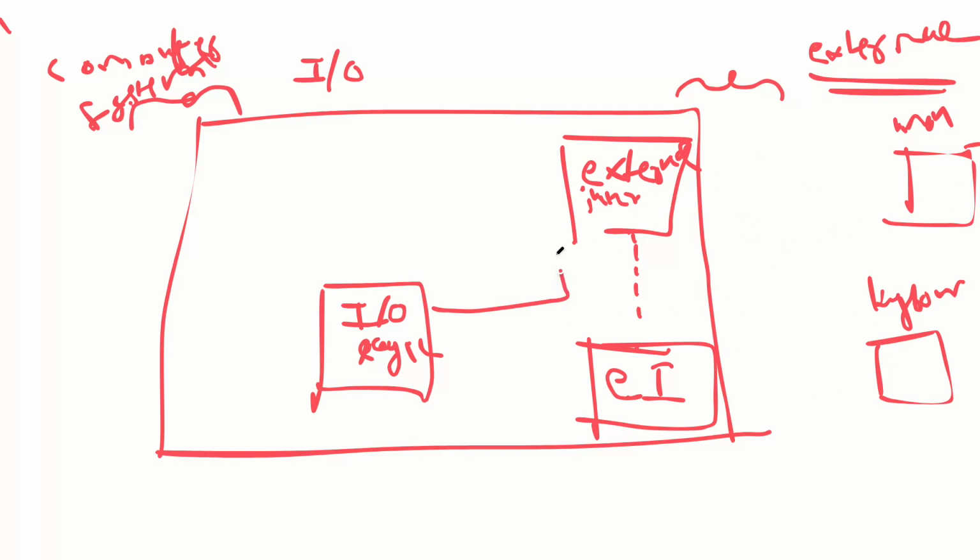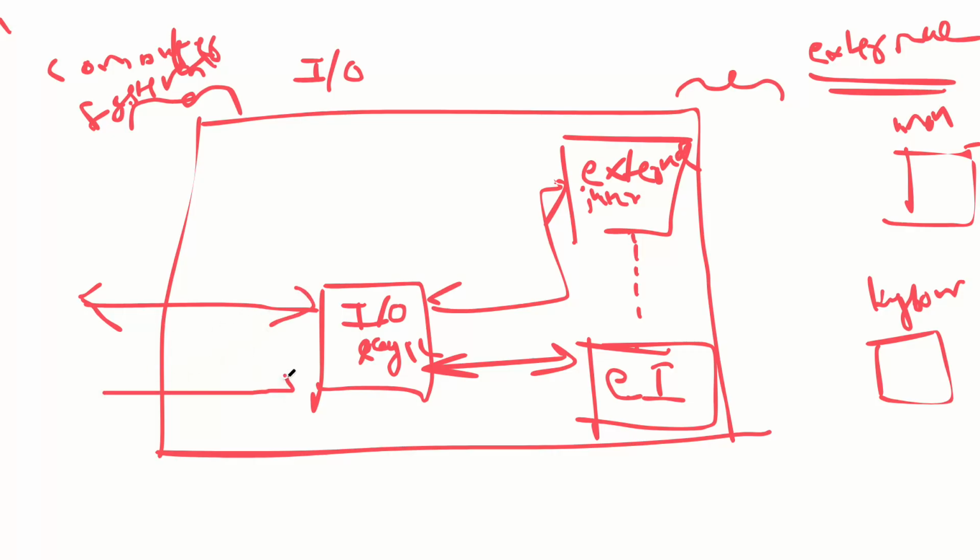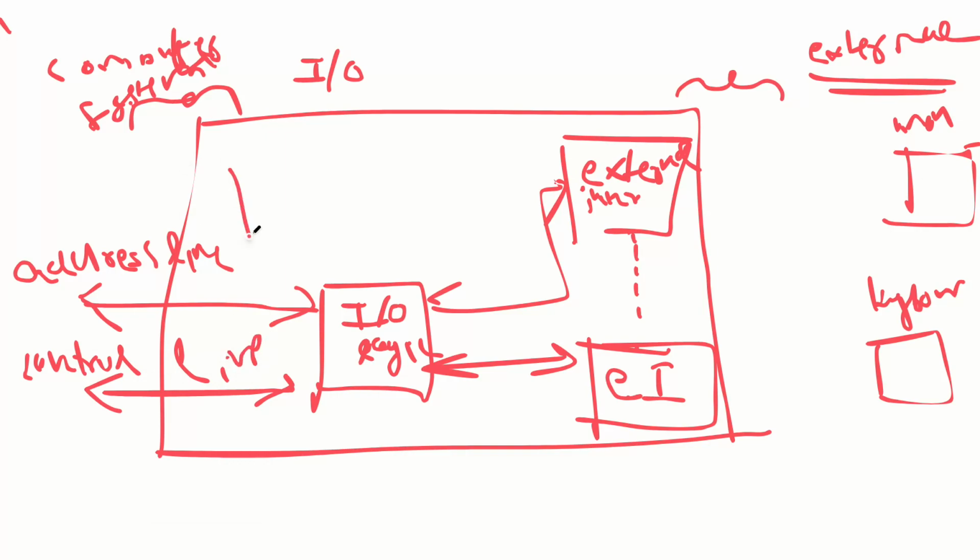So data can go between this I/O logic and these external interface logics. Then the I/O logic can communicate with the computer system through system bus address lines, that is, we have our address line here, or control lines. For the data line, we have our data buffer, the data register.